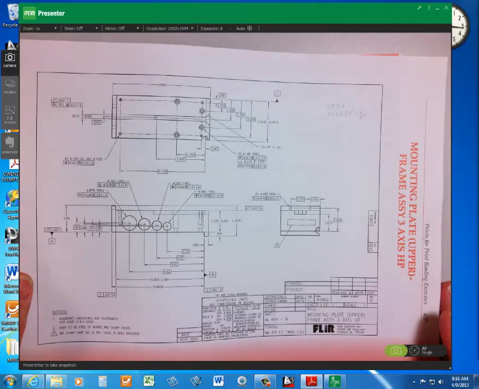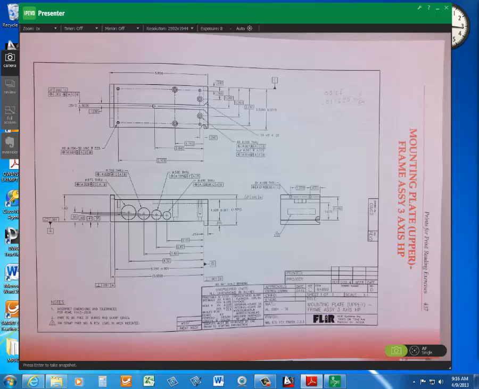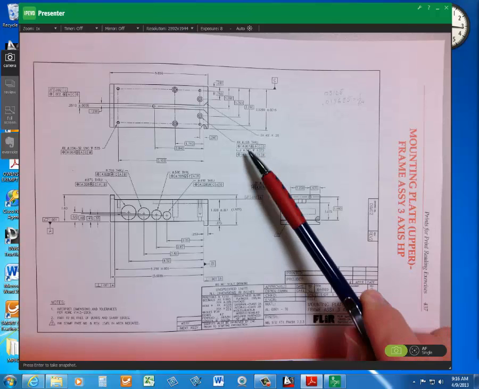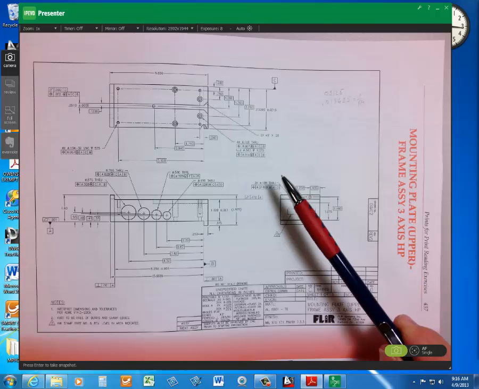Mind benders. Some of this position tolerance stuff can be. Why is there a separate feature control frame for the hole and counterbore? So we're looking at the counterbore, the .188 counterbore up here. There's a separate position tolerance for the hole and the counterbore.